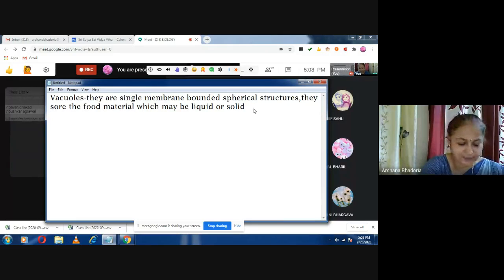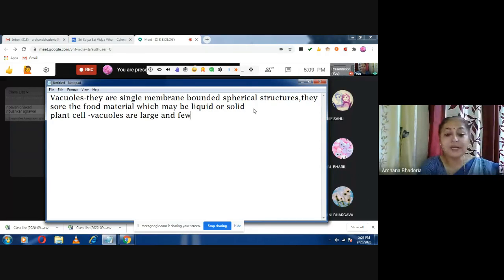So when you see the plant cell, vacuoles are large and few.